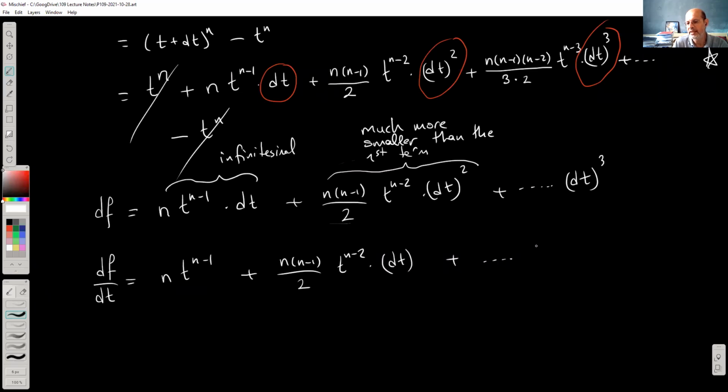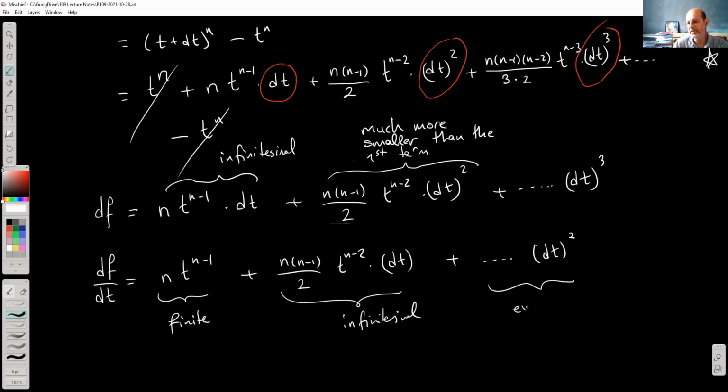And then in the third term, we get dt squared. So as a result, when I take the derivative, when I take the ratio, I get a finite result in here. So that's finite. So this term is infinitesimal now.